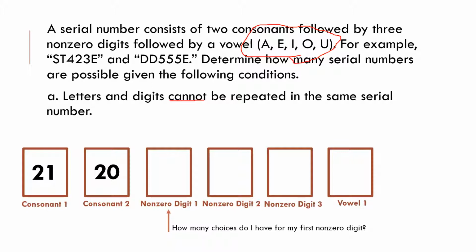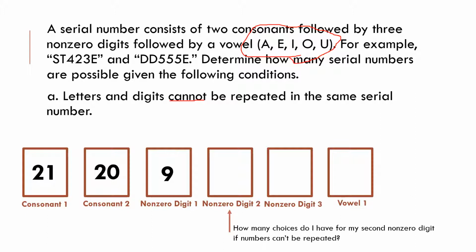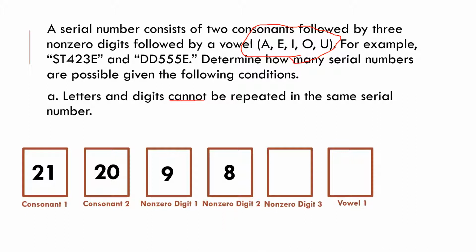I have 1, 2, 3, 4, 5, 6, 7, 8, 9, so I have 9 options. For my second non-zero digit, since I can't repeat the numbers, I now have 8 options. For my third non-zero digit, I now have 7 options.